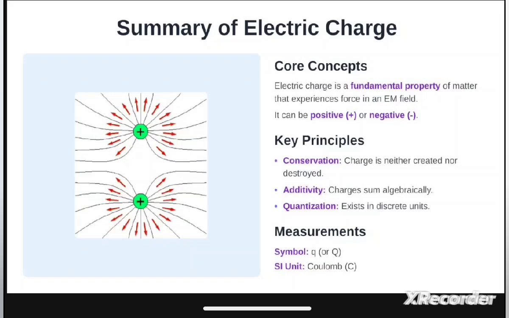Then we studied the key principles or properties of electric charge: the conservation of charge, that charge can neither be created nor destroyed, and quantization, which tells us that charge exists in discrete units, and the charge on any object is always an integral multiple of the charge on one electron. We also studied additivity, which tells us that charge sums algebraically. And we also studied the unit of charge, which is the coulomb, and charge is denoted by Q.